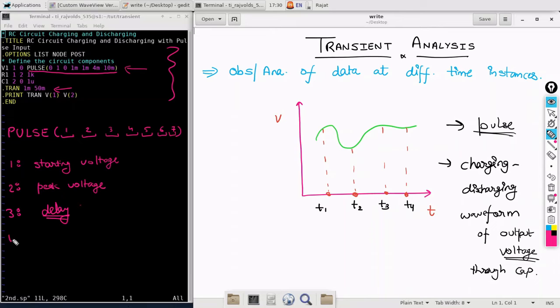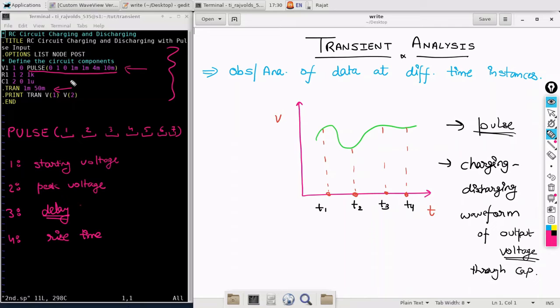In the fourth position, we have rise time. Rise time is nothing but the time the pulse takes to go from the starting voltage to the peak voltage. In this case, we have 0 and 1.